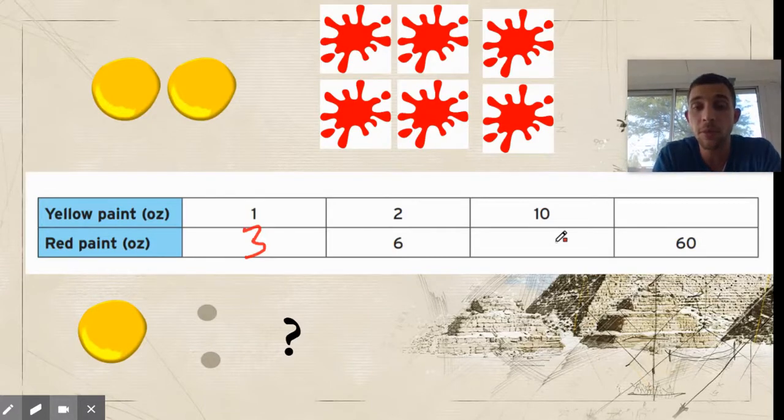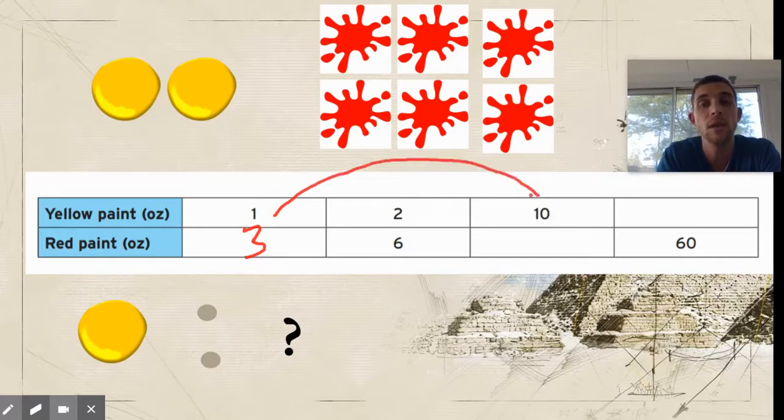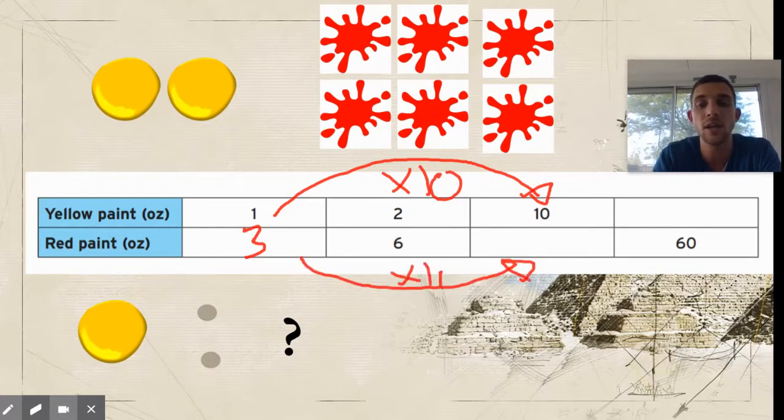We can multiply from 1 or from 2. I think it's easier to multiply from 1 because 1 is so easy to multiply by. So let's do 1 times 10 gives me 10. Then 3 times 10 gives me 30.